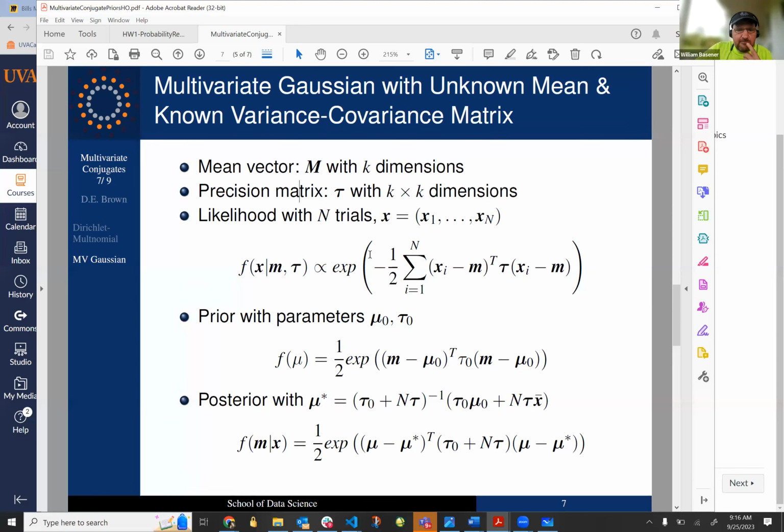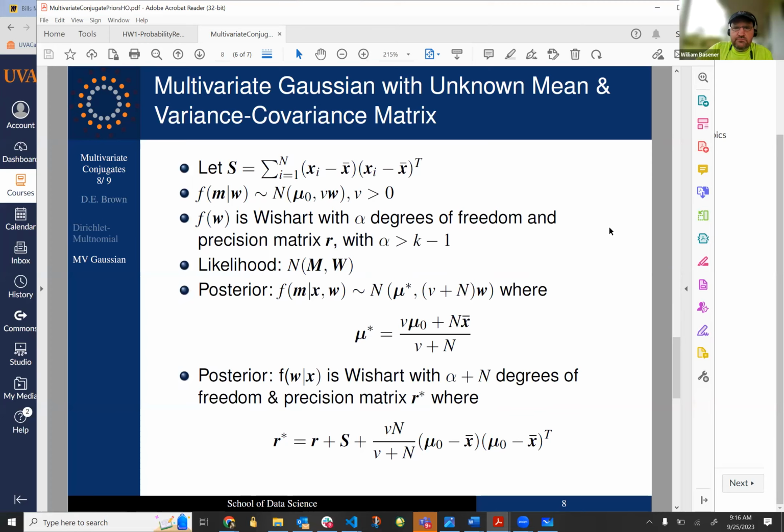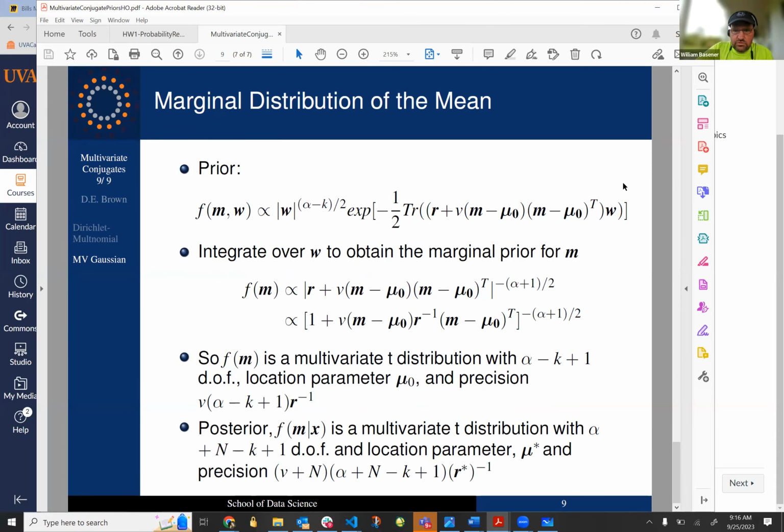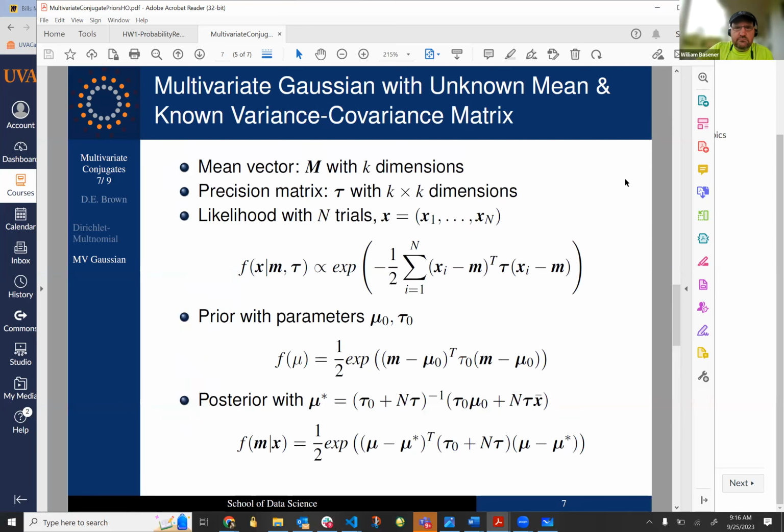So let's take a look at this. We have a mean vector m with k dimensions.